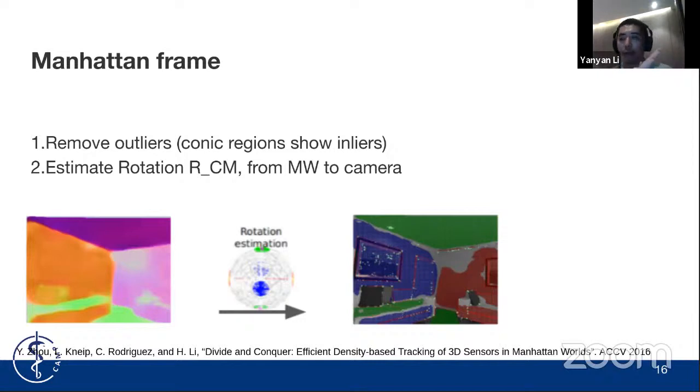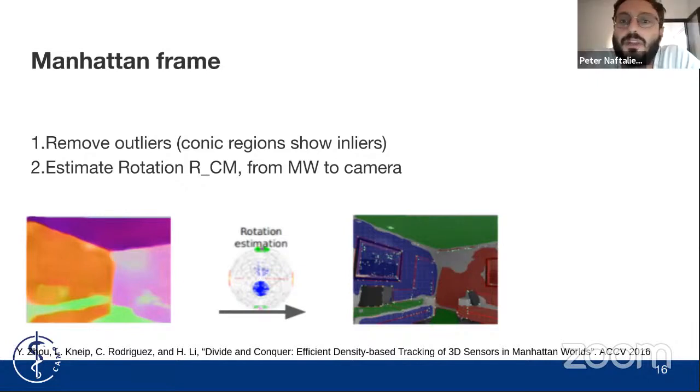We have x, y, and z in this sphere, and this coordinate will be called the Manhattan coordinate.